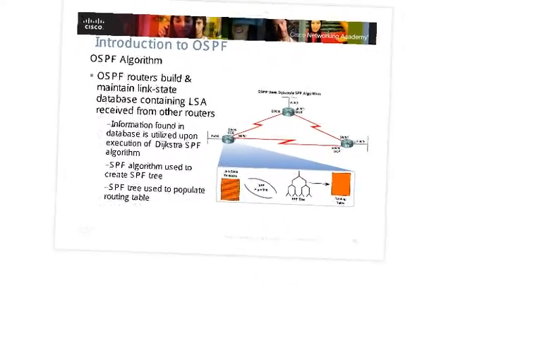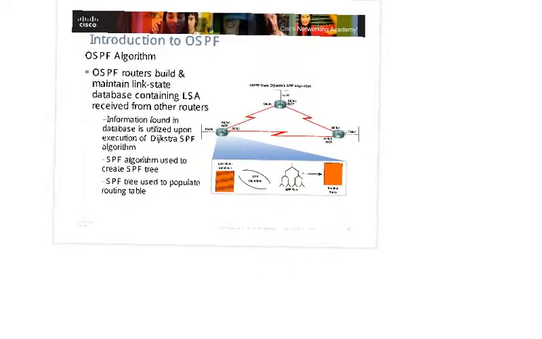So this summarizes the logical steps that OSPF takes to form the routing table. Again, remember that our ultimate objective is to form a routing table. But a prerequisite step that we have to do is to form the link state information.